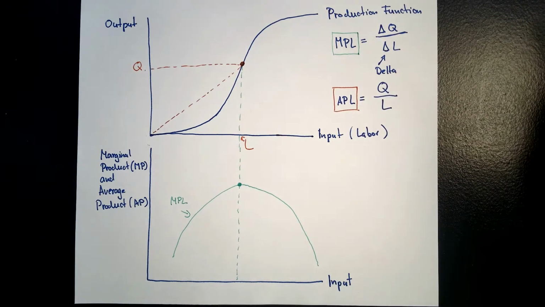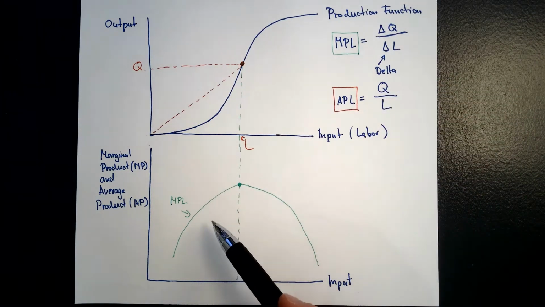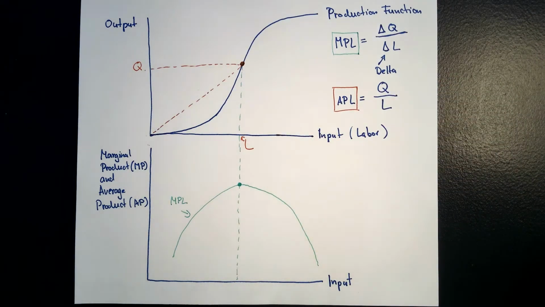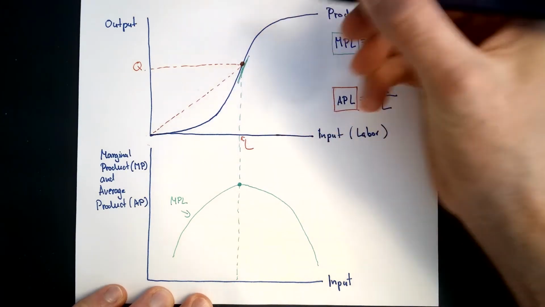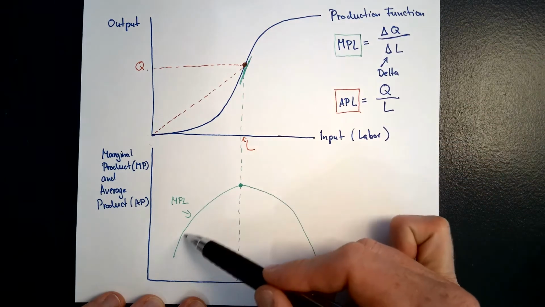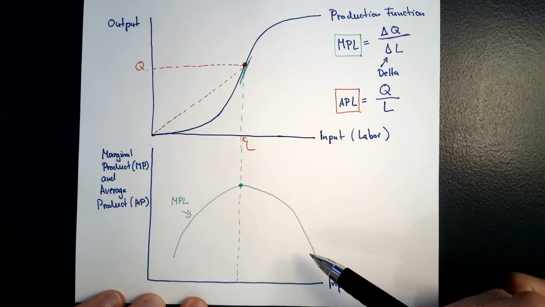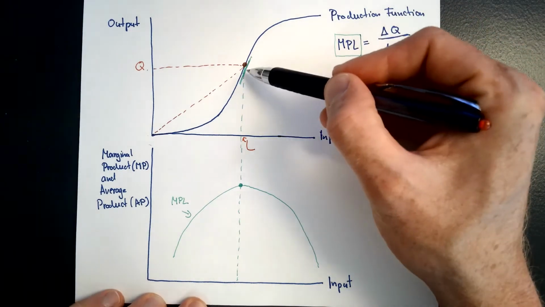Now, the question is, how do we represent this slope in the graph below? Now, remember that the steepness of the production function, let's look at this slope here, is represented by the marginal product. Now, the question is, what is steeper?